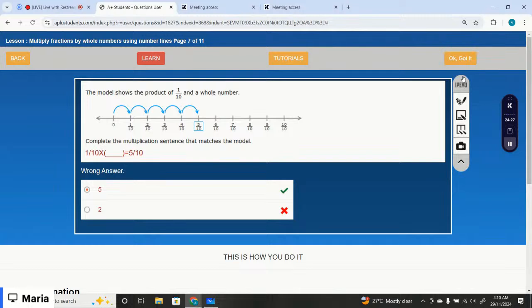Basically, the other option is not correct. That is 5 by 10. Okay, let's just move on to the next one.